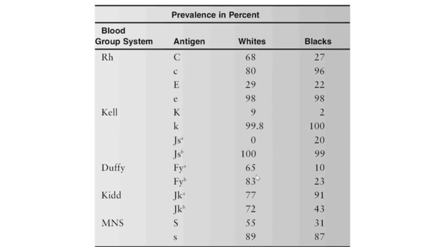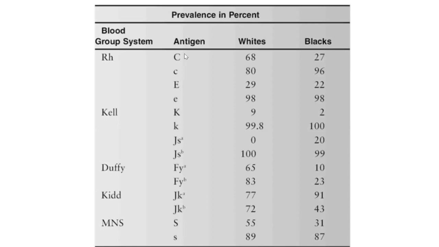So Duffy A is what a person with sickle cell is likely to be bumping into if the blood is not appropriately matched. Opposite to that, JKB is the likelier antigen of confrontation to a person who may be Black.